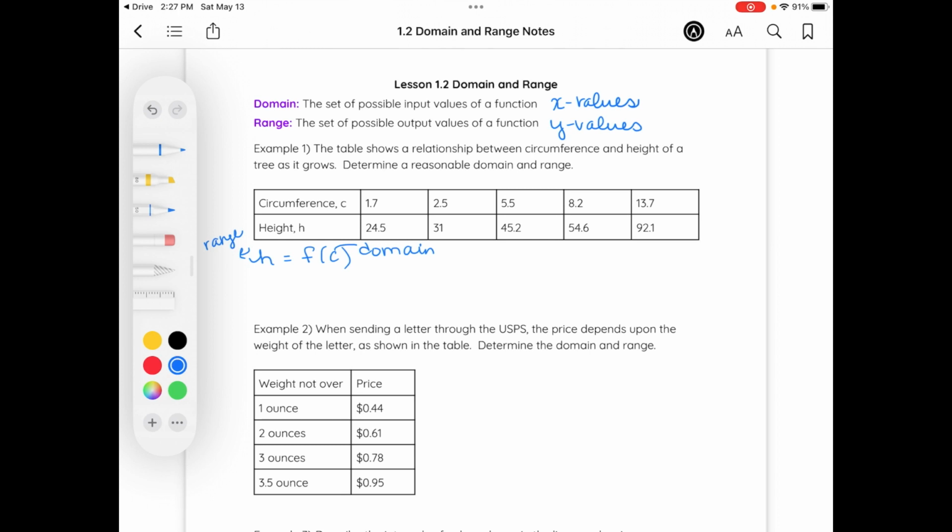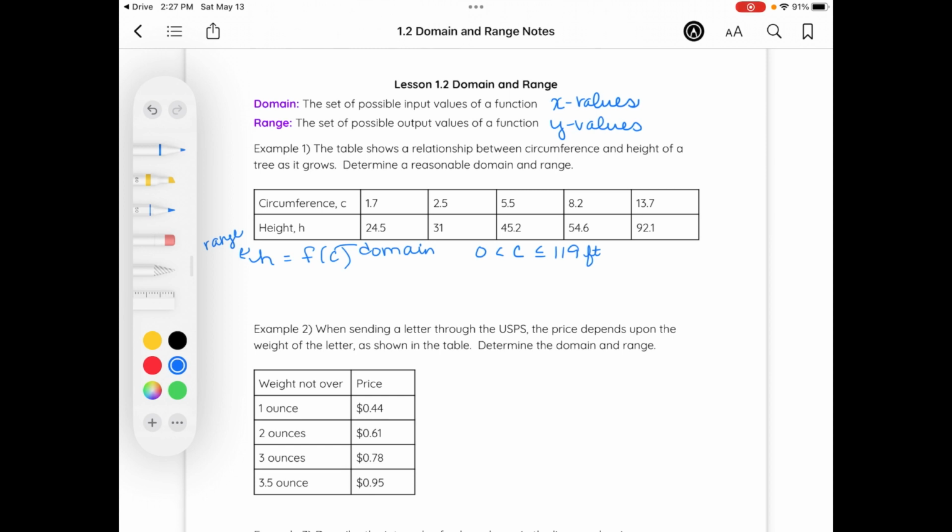I did some Googling so that I could rely on my experience and reason to approximate the domain and range. I found, using world records, that the maximum circumference is 119 feet. Thus, our circumference should be greater than 0, but most likely less than 119. And I'm going to say feet.